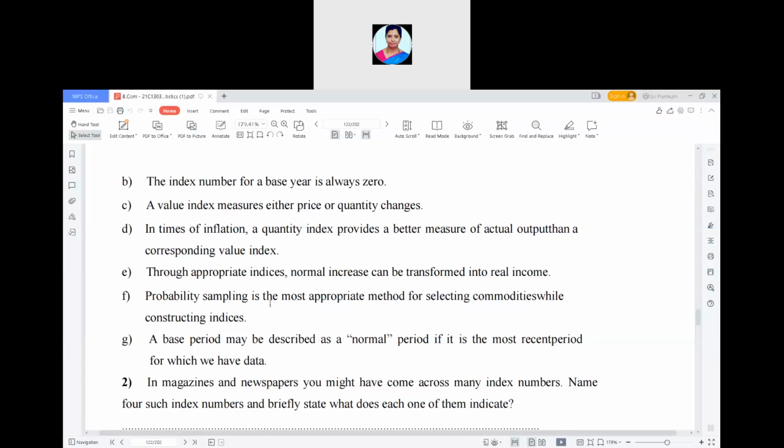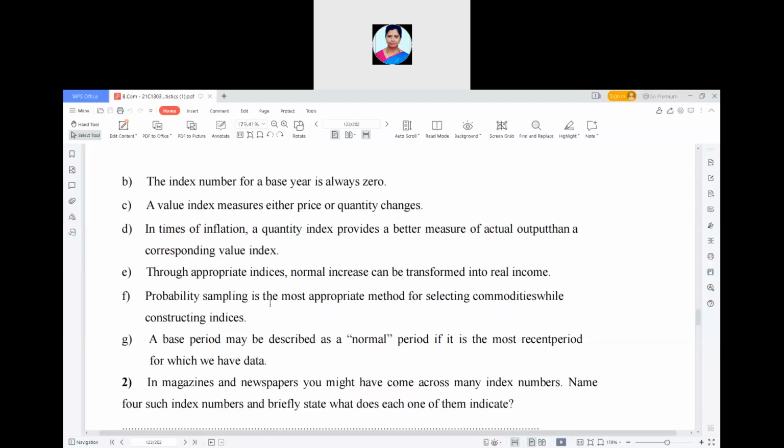And the next one, probability sampling, which you are aware of: probability sampling is the most appropriate method for selecting the commodities while constructing the indices. We cannot include all the commodities when constructing the price index number, so how are we going to select those commodities?